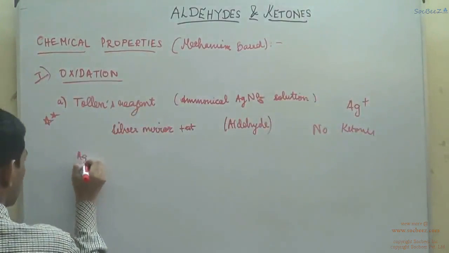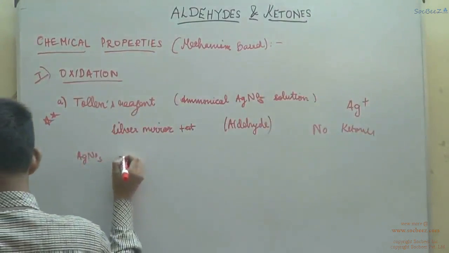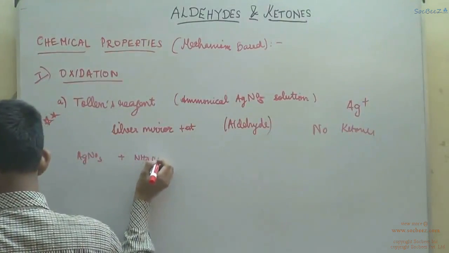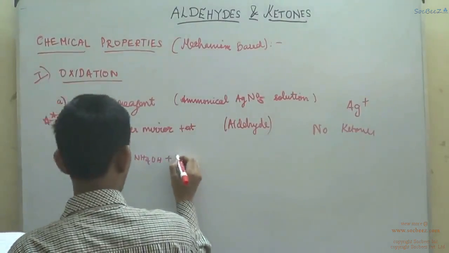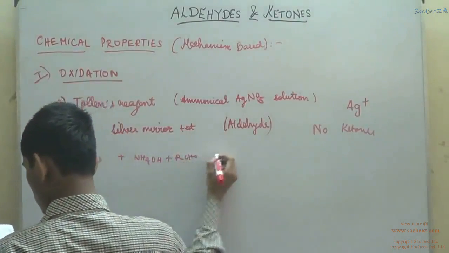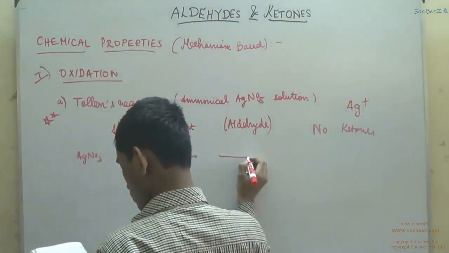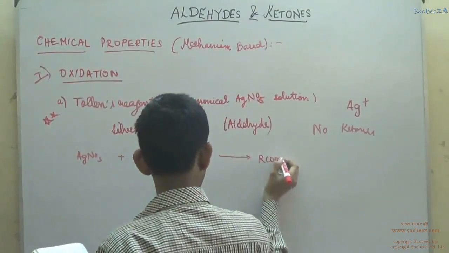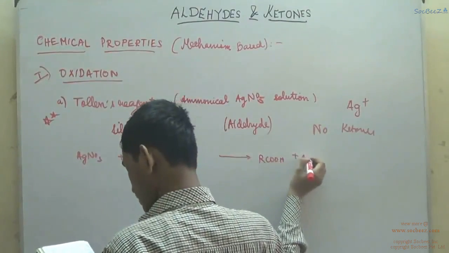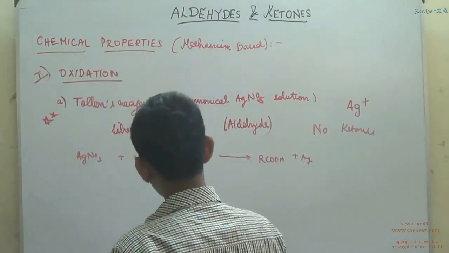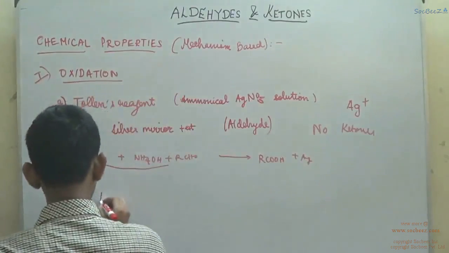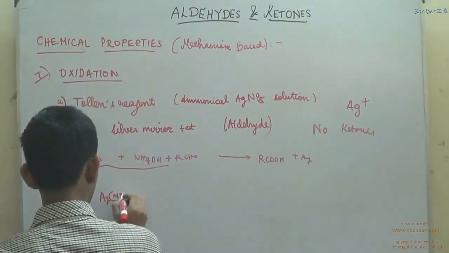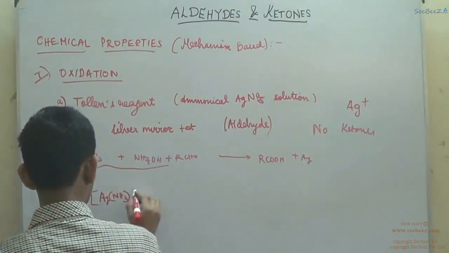So what happens? AgNO3 plus NH4OH plus RCHO will give rise to acid plus Ag. Basically the reacting agent is Ag+, which will exist in this organometallic compound form.